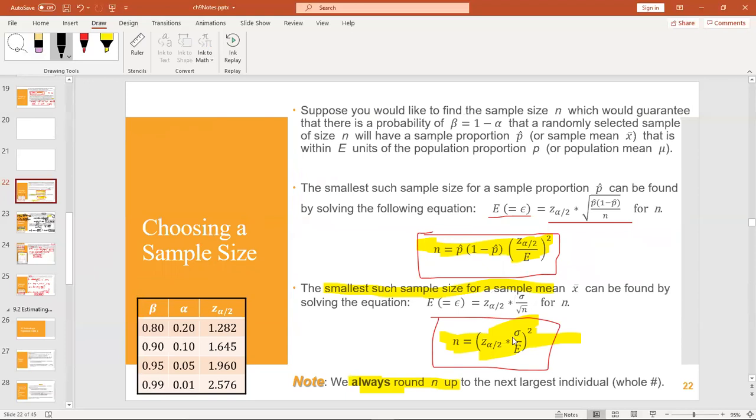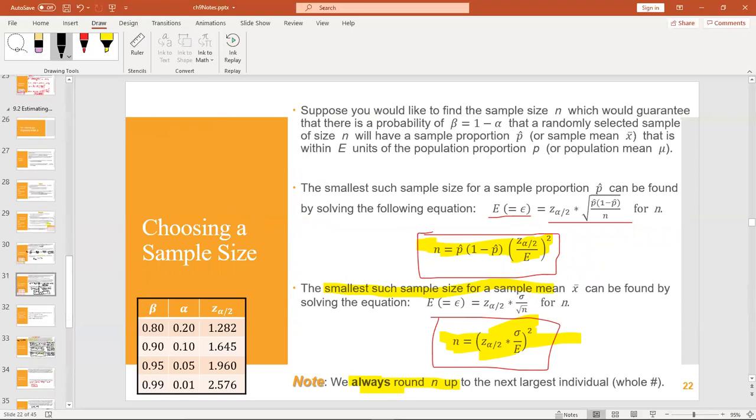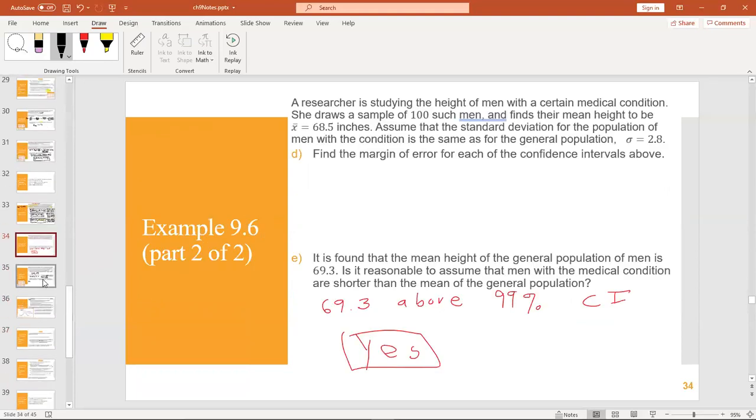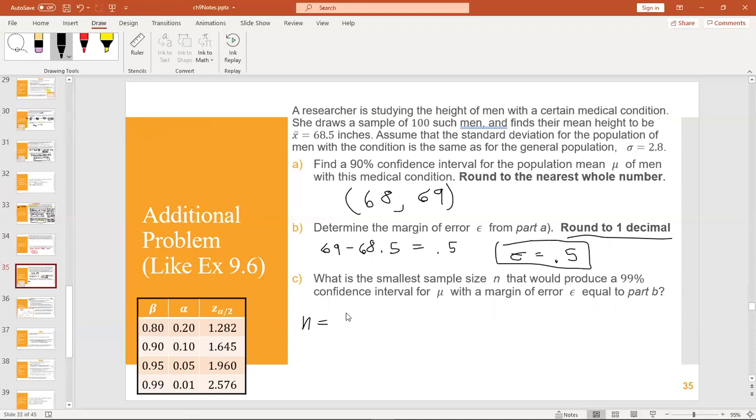So n is equal to z alpha over 2 times sigma over the error, and you take all that and you square it.